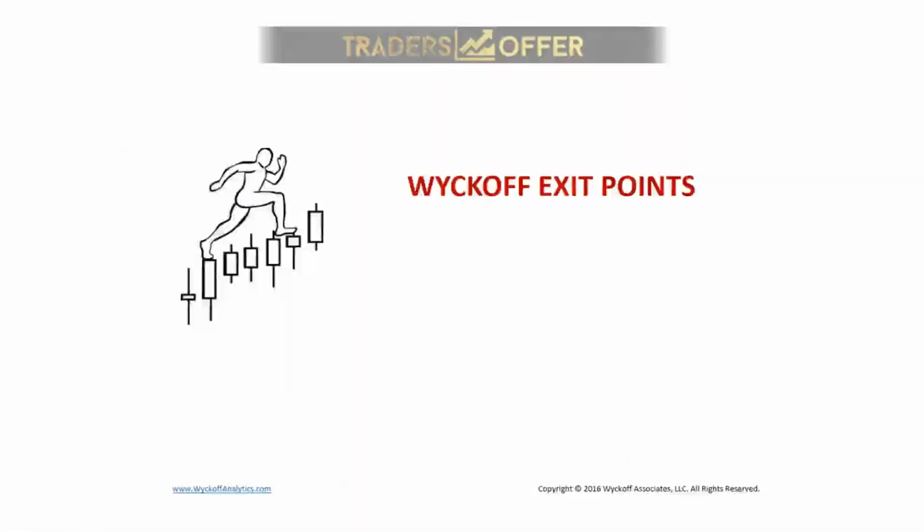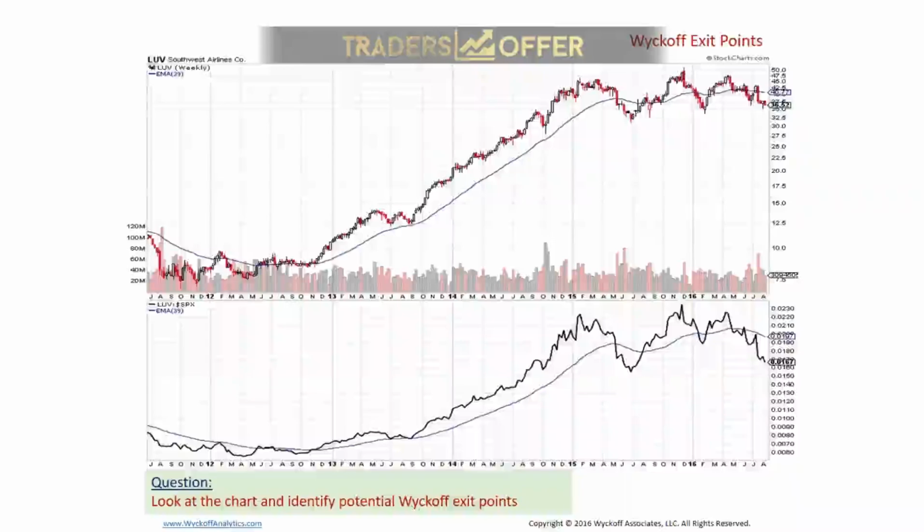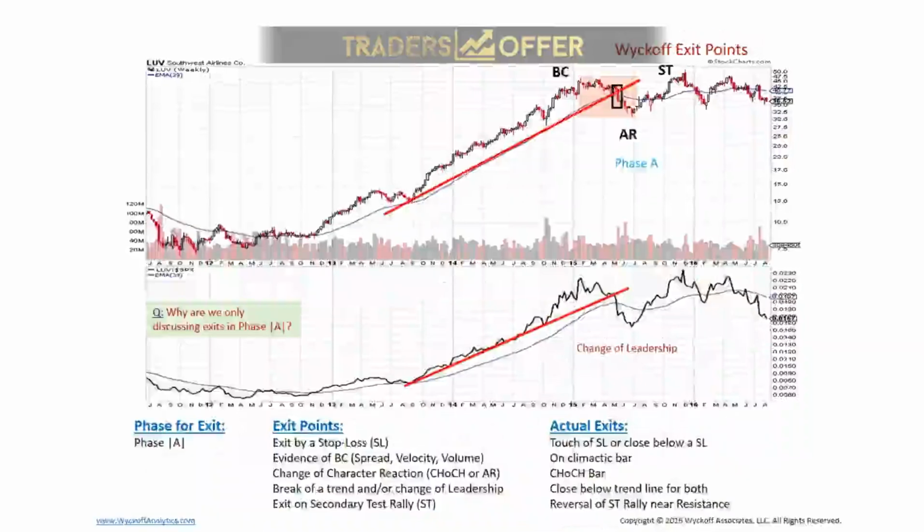Okay, exit points. So exit points, and we kind of discussed that. We've discussed the stop loss movement, right? And that obviously is going to be related also to your exit points. And we kind of said that you can use significant bars, you can use trend lines, you can use moving averages, you can use any trend following techniques.